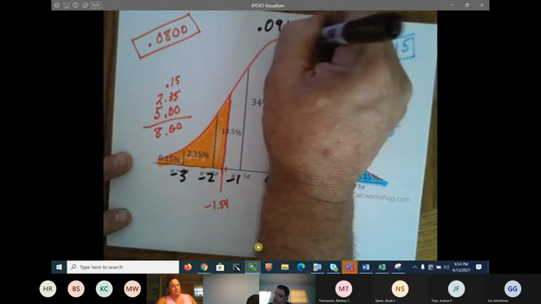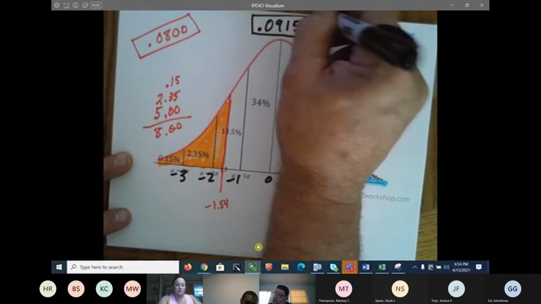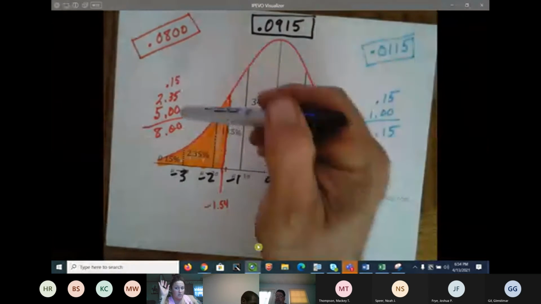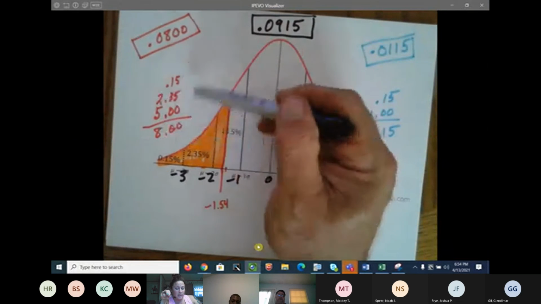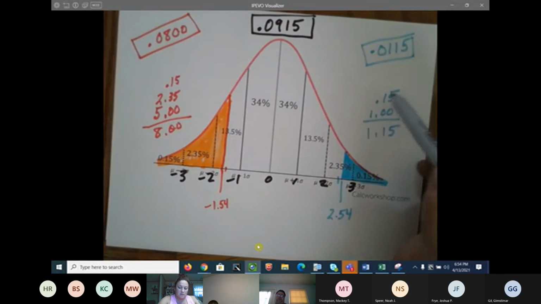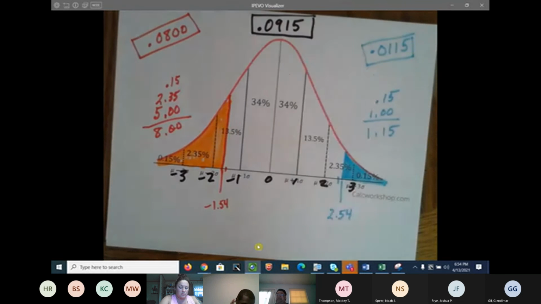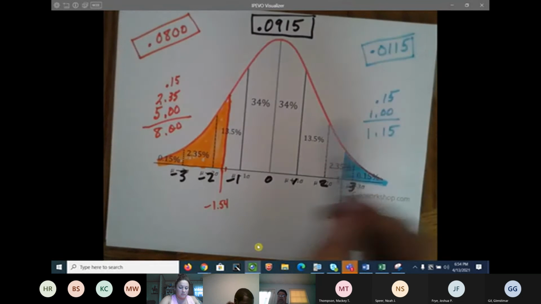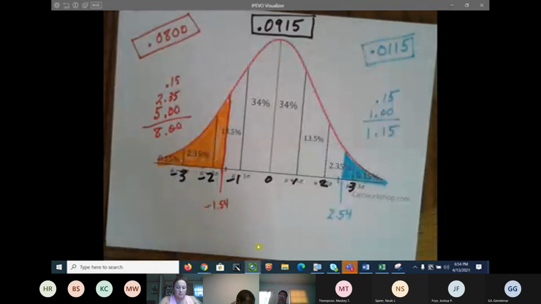I want everybody to take your calculators right now and add up. Hold on. Did you add those two together right here? Okay, and then add up your empirical rule estimate right here. Remember, it's an estimate, so it doesn't have to look like mine.